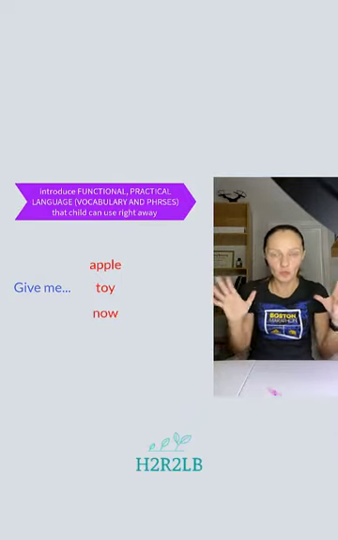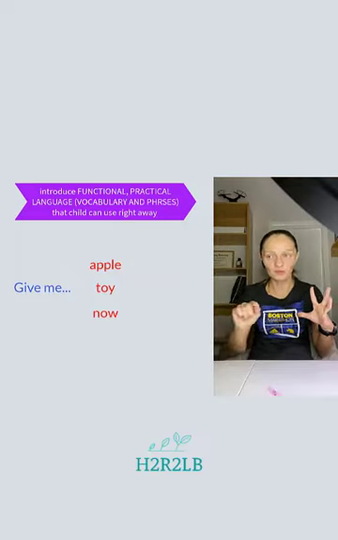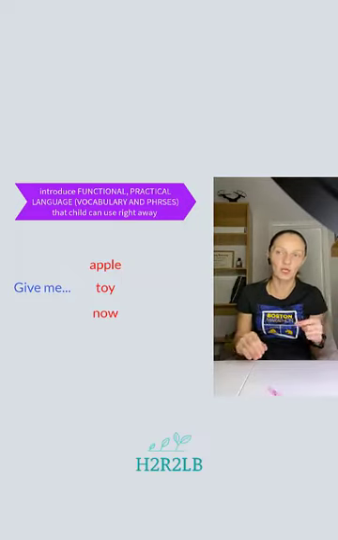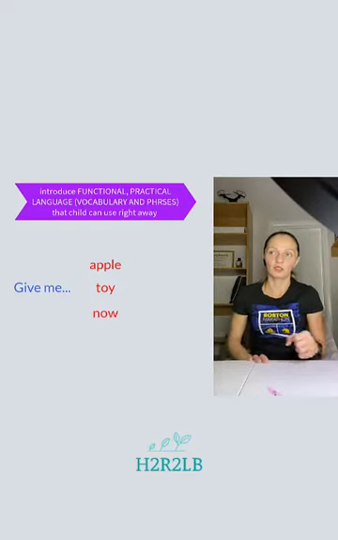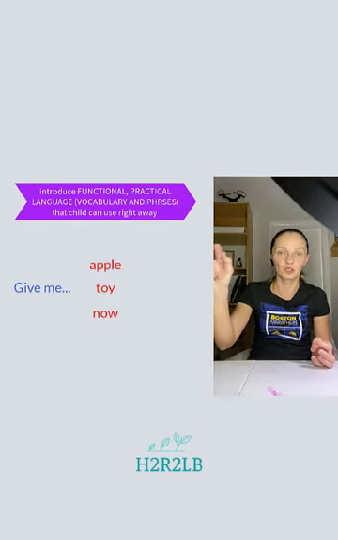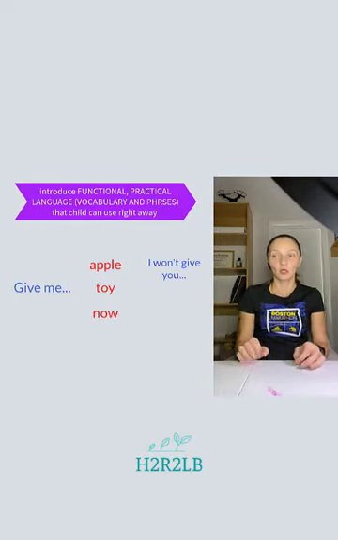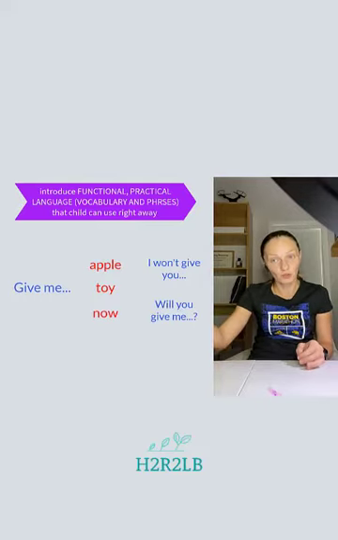Then give a positive, negative, or question to that phrase. In this case, we have "give me something." Then the negative is going to be "I won't give you something," all right? And the question for this phrase, "will you give me something?"